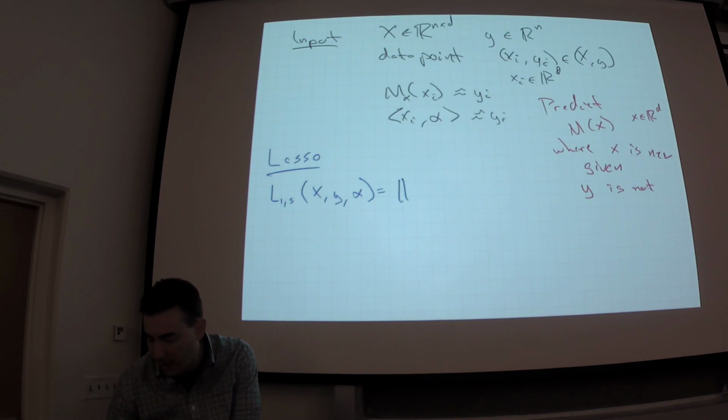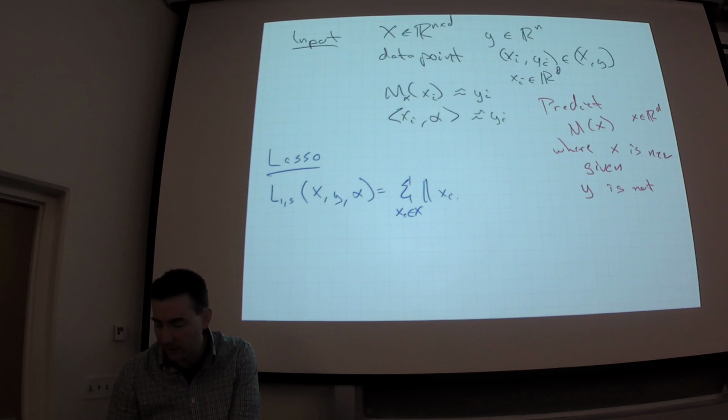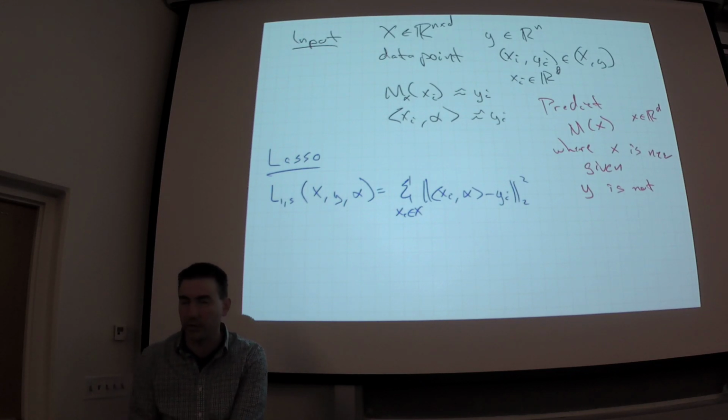And basically what we look at is the sum over all xi in this data set, the xi, so the model minus what you actually observe. And this was a 2-norm.